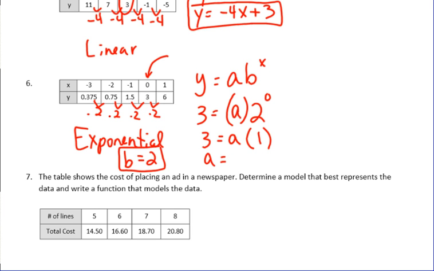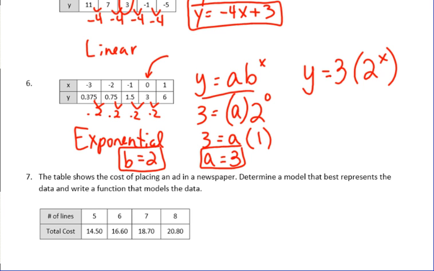So a equals 3. So now I know what a and b are, so I can write the equation y equals a, which is 3, times b to the x. So y equals 3 times 2 to the x would be my equation. So I use the general form, plug in the pieces that I can figure out, and write the equation like that.